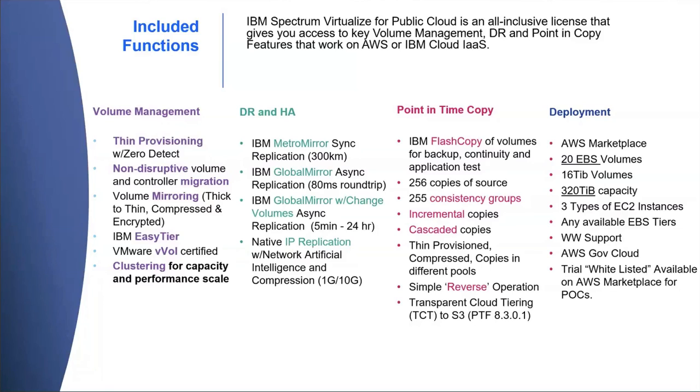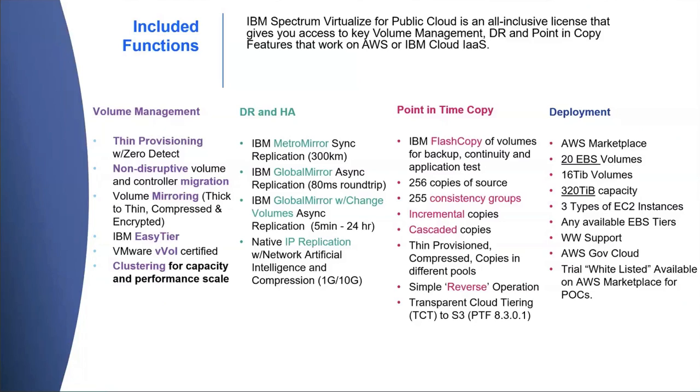I think Tim's going to get into that, and any available EBS tier that you want to purchase pretty much is supported. It is worldwide. It's supported across all the AWS data centers around the world and in North America, including AWS GovCloud. And we do have a whitelisted trial available, which means that if you'd like to try this out yourself in your own AWS account, you can do that.